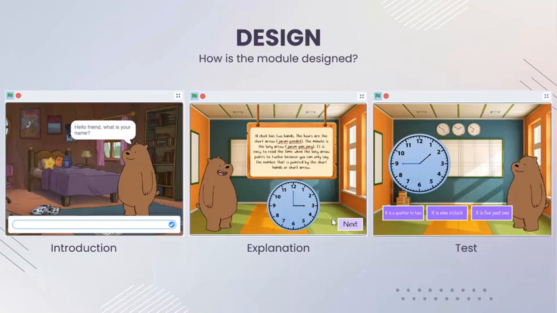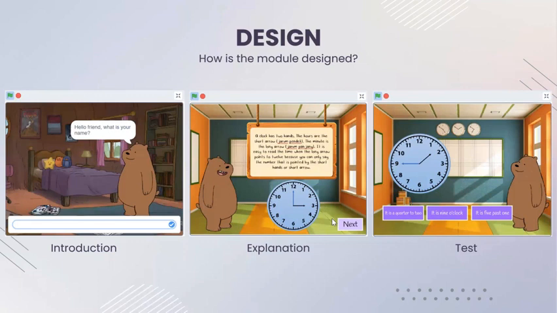And in the next part, the test part, the students can apply their newly acquired knowledge by answering questions related to the topic. I believe that this is an important step to evaluate the effectiveness of the module and identify any areas that need further improvement. The questions may include asking the students to tell the time based on the clock face that it shows.